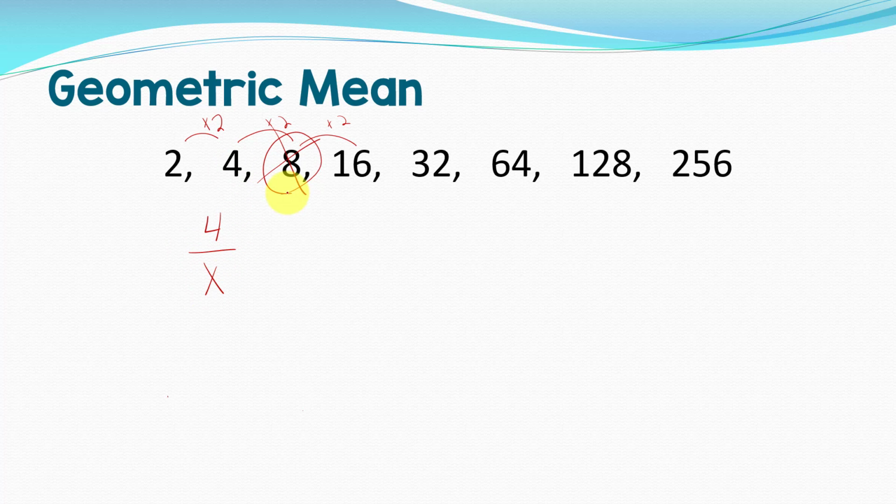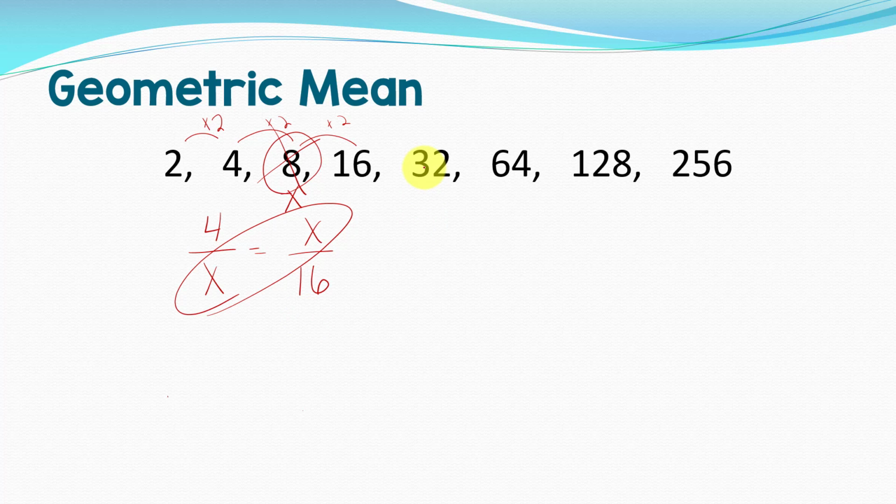So 4 is to the missing number x as the missing number x is to the next number 16. What you're going to find when you do this, the mean always shows up twice, and the other numbers, the low and the high end, show up in the other two places.